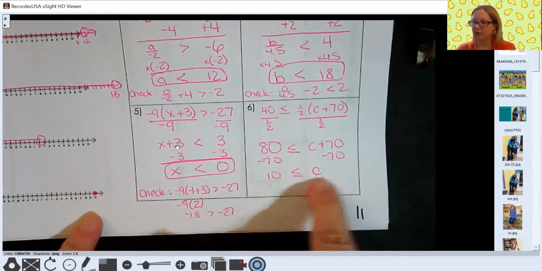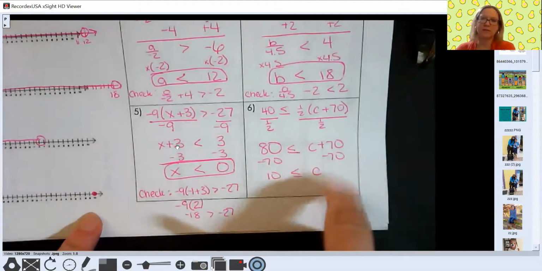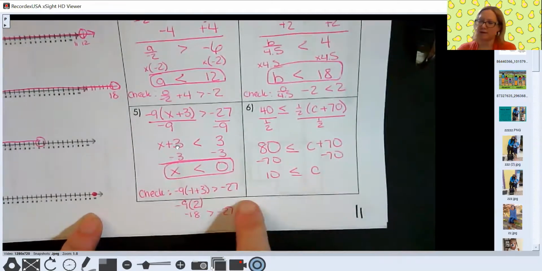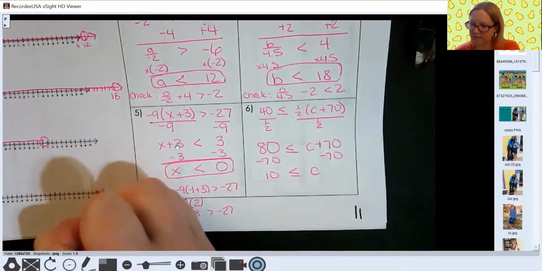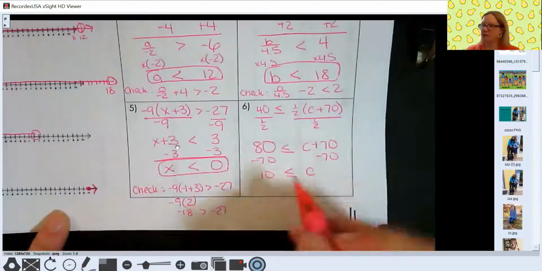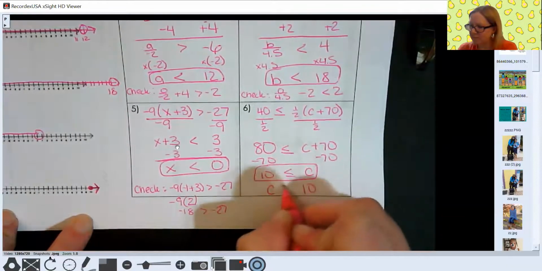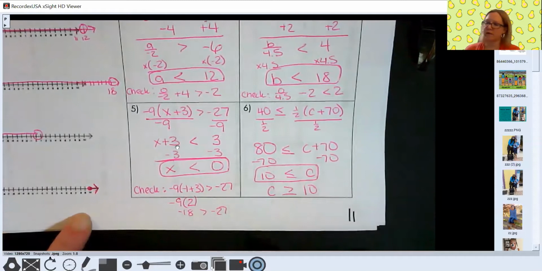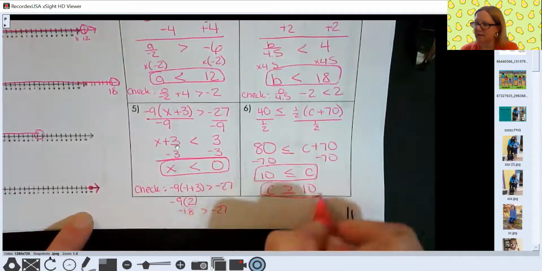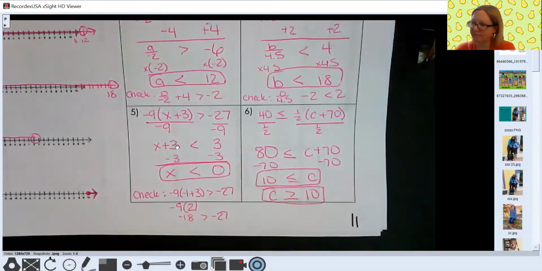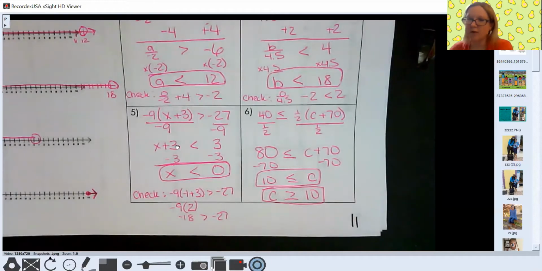Your answer is saying that C is greater than 10, so we're going to shade in this direction. This answer right here is the same as writing it this way. Either way, the C is greater than or equal to 10.